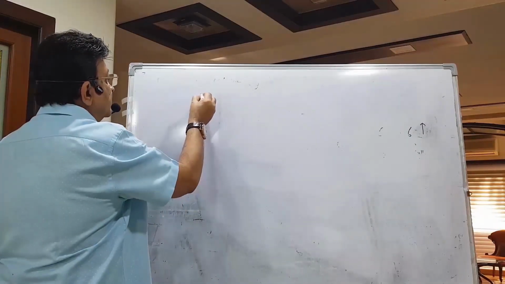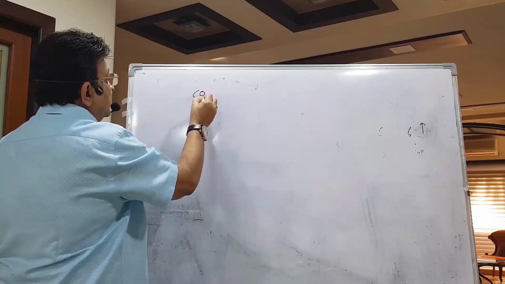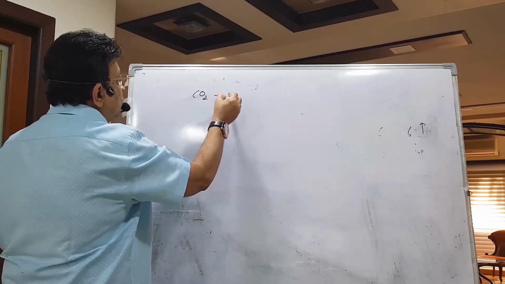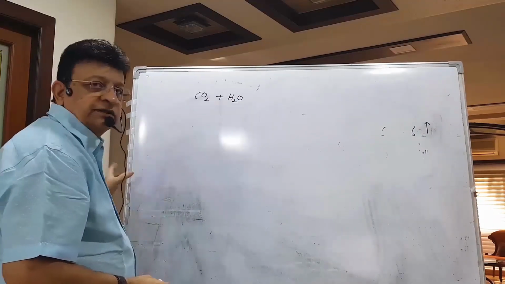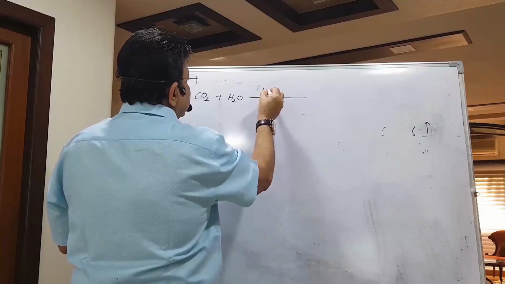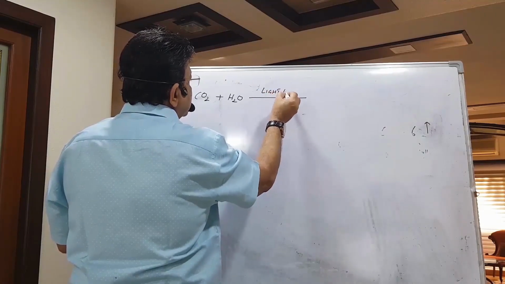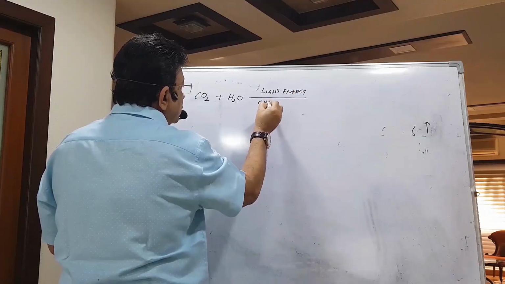So now, carbon dioxide, pay attention, carbon dioxide and water. I'm not going to balance because I just want you to know the factors required for photosynthesis. Light energy, chlorophyll.